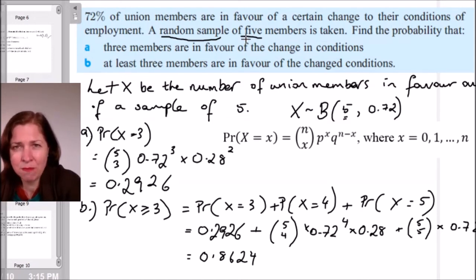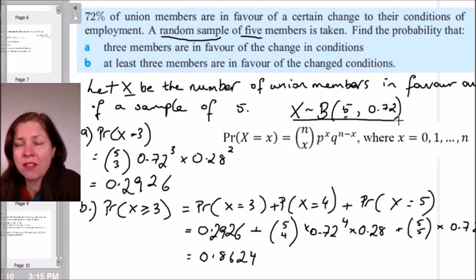So it's definitely Bernoulli, which means I can use a binomial distribution. And so then I defined my random variable, which I always have to do. I noted the key information about the question, that it is a binomial distribution, that n is 5 and that p is 0.72. Then I proceeded to use the formula to answer the questions.